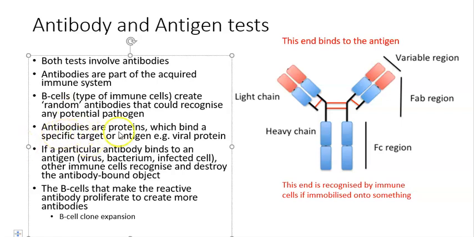Those secreted antibodies are proteins which bind to a specific target, and we call an antibody target an antigen. In this case that is part of a virus, but it could be part of a bacterium.